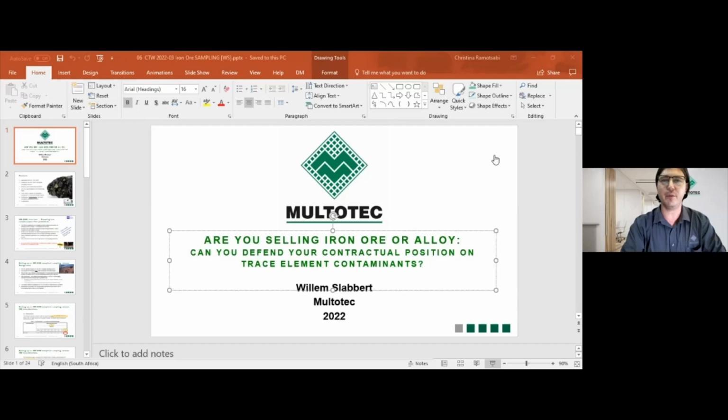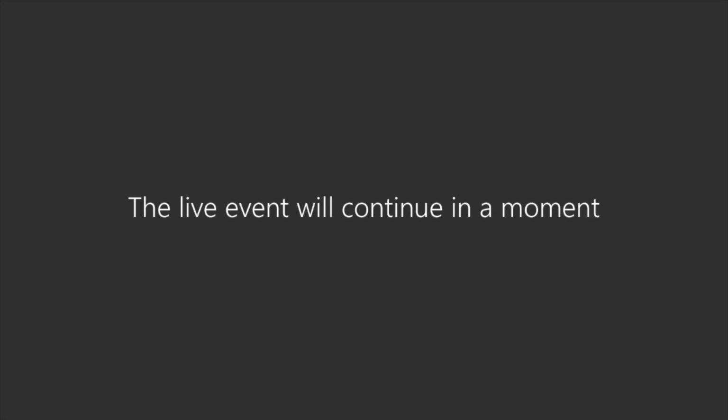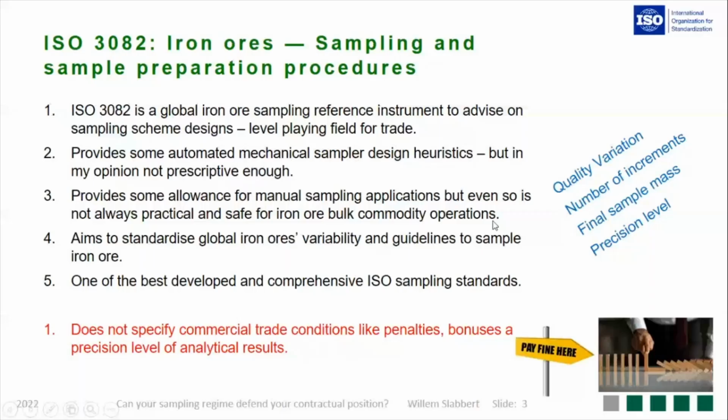Brent, can you confirm if you can see my presentation? Yes, Willem, it just needs to be shared. You're not on full presentation mode. Maybe just share it again, Willem. There we go, 100%.